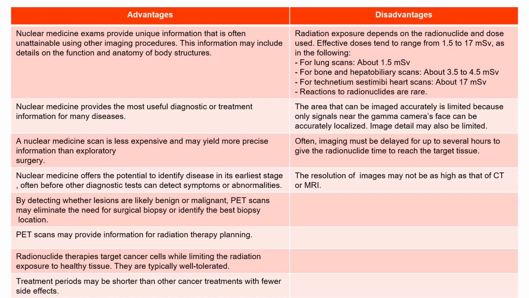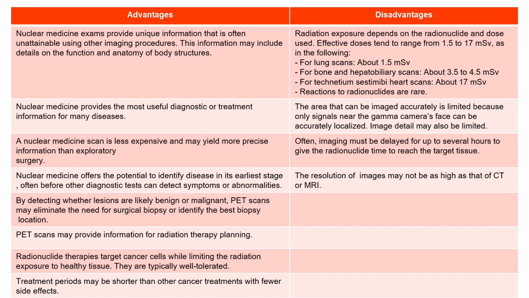The advantages of radionuclide imaging in nuclear medicine. Nuclear medicine exams provide unique information that is often unattainable using other imaging procedures. This information may include details on the function and anatomy of the body structures.